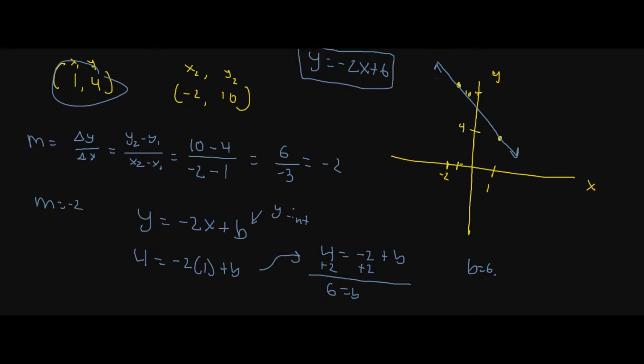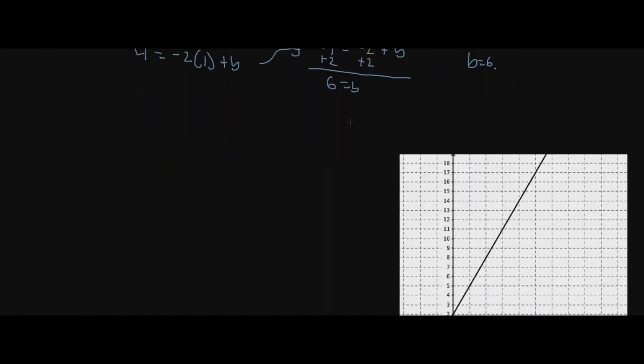You'll notice it's negative, which is why the line goes in the opposite direction. And last but not least, at the y-intercept, this is +6, and we have a pretty great graph that helps us out. All right, it's pretty nice.